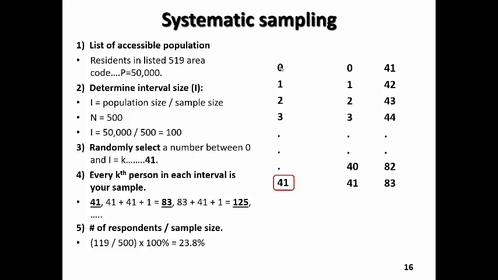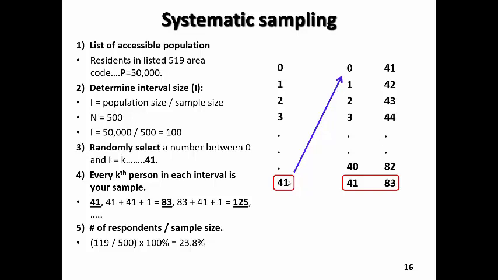We see this pattern on the right-hand side, where we start with 0 and move 41 units, so the 41st person is the first respondent out of our sample. Following the same pattern, 41 becomes the 0 point, and we move to the next person and the next person, ending at the 41st person, which is actually the 83rd person if we match up here.